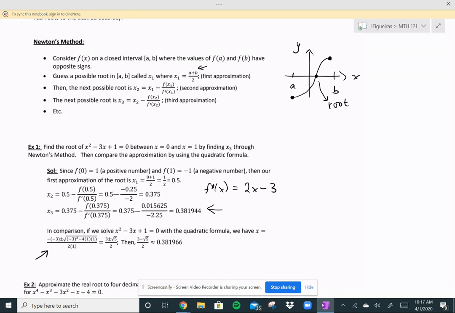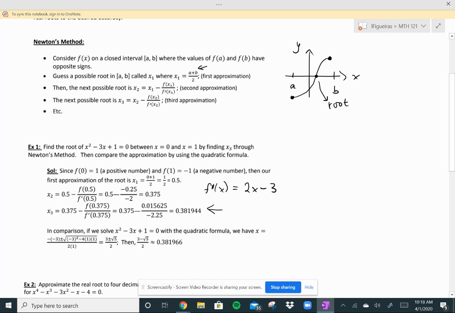So when you actually compute that, you'd need a calculator to get this answer, but you get that 3 minus root 5, if you round off to the same number of decimal places as our x sub 3, is equal to 0.381966. Which is pretty close to what we got with Newton's method.